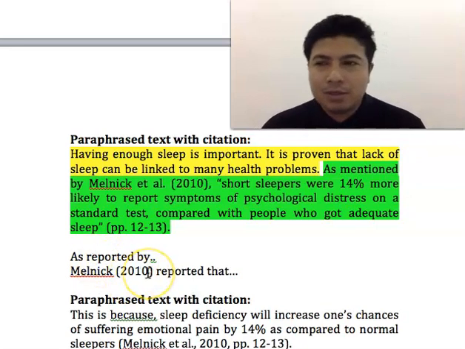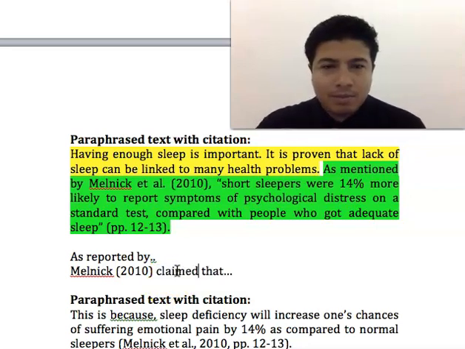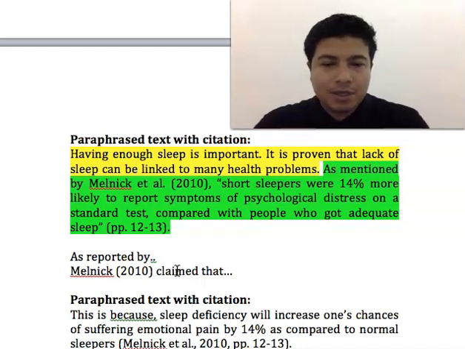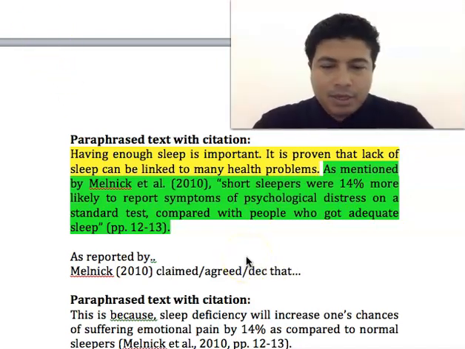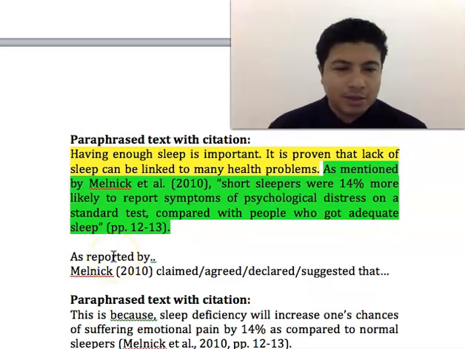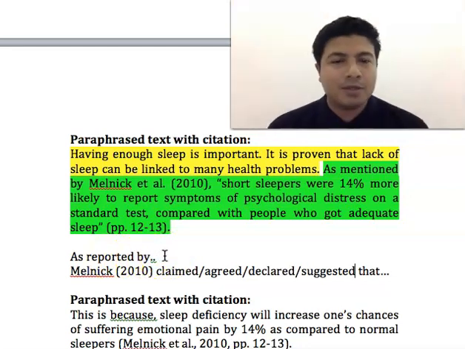So there are many ways of saying. Claimed. What else? You can also say agreed that, declared, or suggested. So as suggested, as agreed, as declared by Melnick 2010. There are many ways of saying.